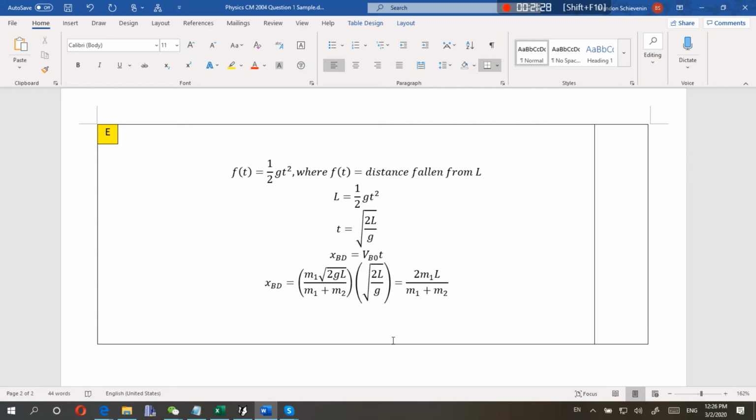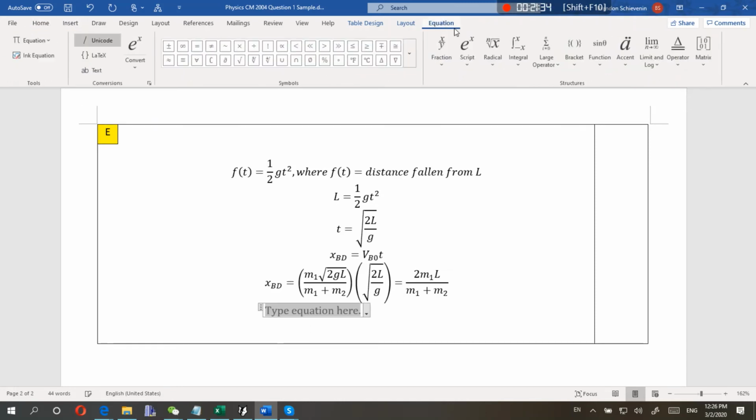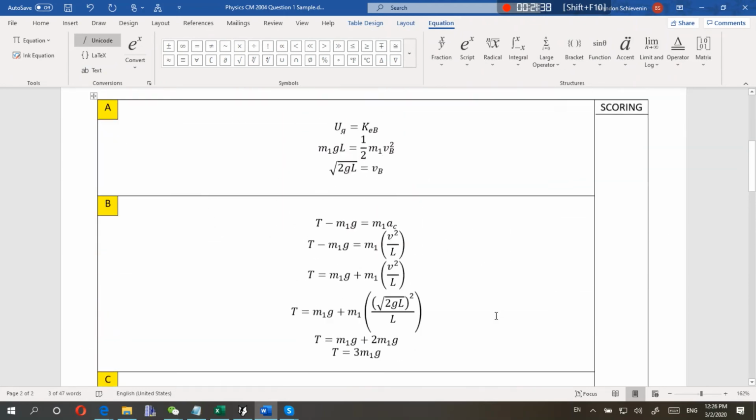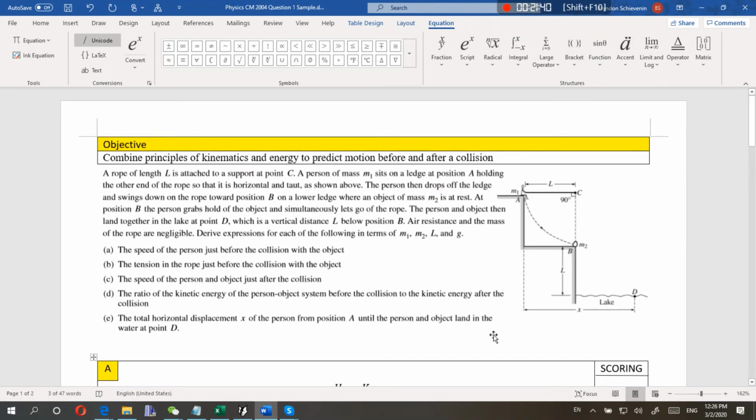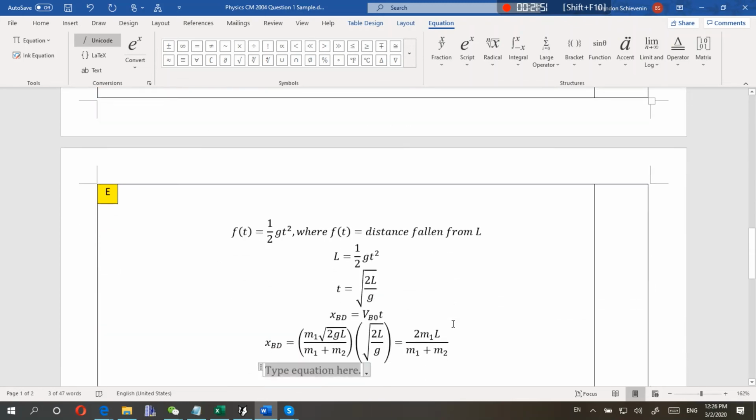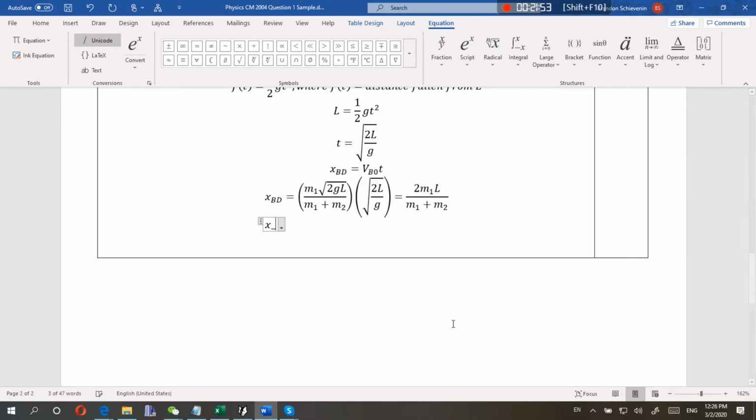Okay, then I need a displacement from A to D. What's our horizontal displacement from A to B? L. Oh, it's given. Yes. Awesome. So could we just add L? Yeah, XAB is equal to L, so that was given.